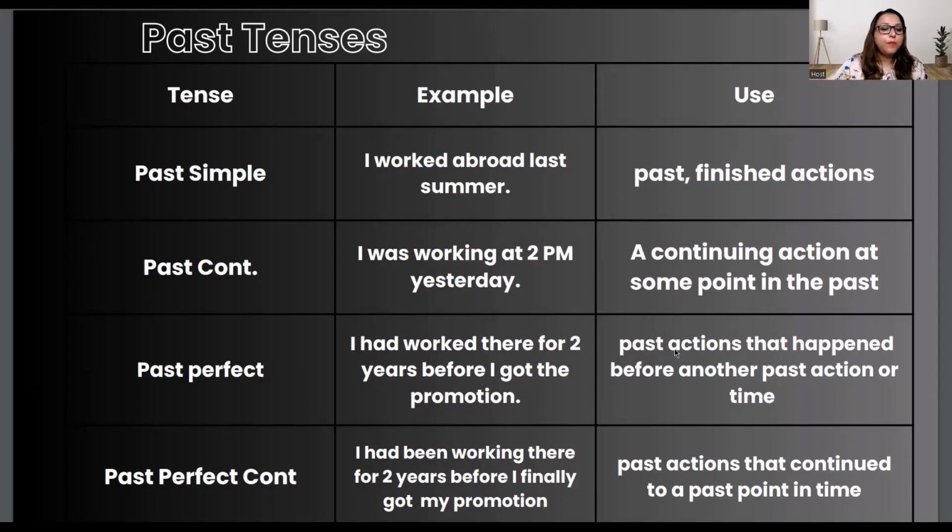But yeah, past perfect continuous: I had been working there for 2 years before I finally got my promotion. Had been working. So it's a past action that has continued to a past point in time. I had been working there for 2 years before I joined another company.